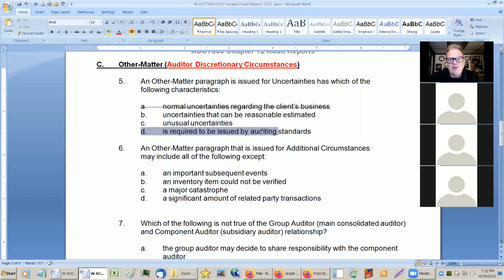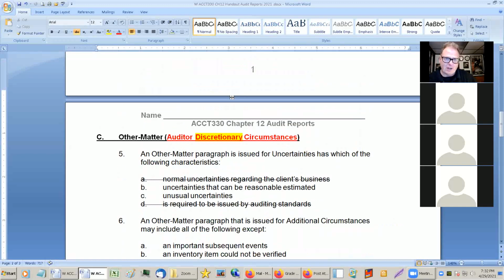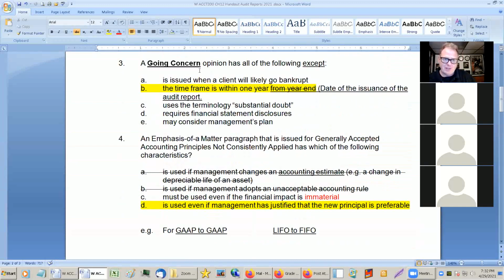And D, this one isn't right either. And you know that because it's discretionary. The auditors don't have to put these in. This is extra, so it's not going to be required. Now, these up here are required.